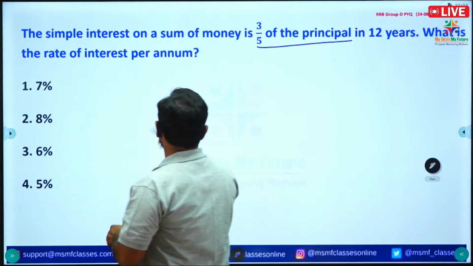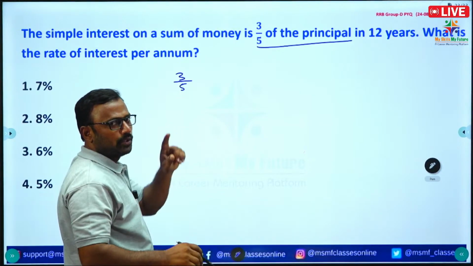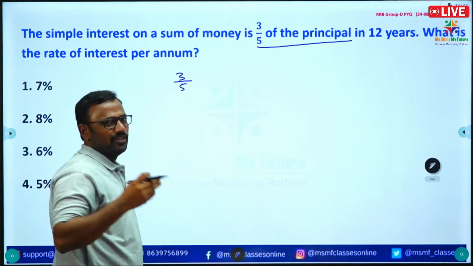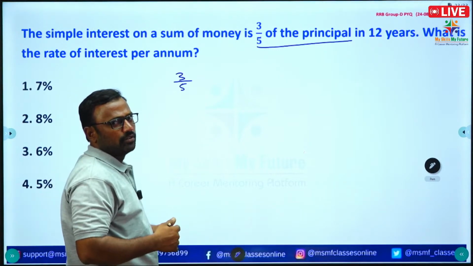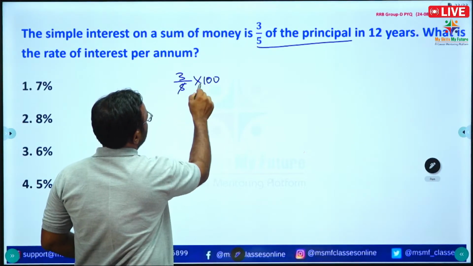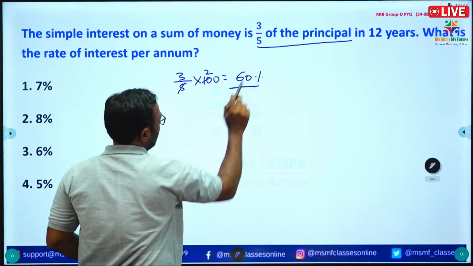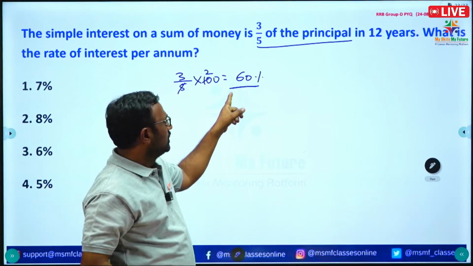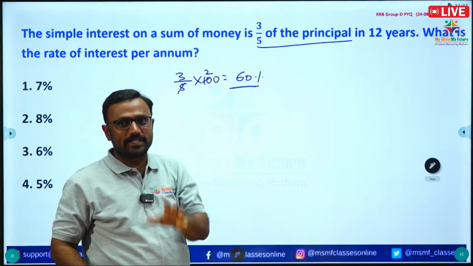So they given the interest is 3 by 5 of principal in 12 years. So what is the value of 3 by 5? Just convert how much percent according to the 100. So I am converting in percentage. So 5 ones are 5, 5 twos are 10, 60%. So the simple interest is 60%.